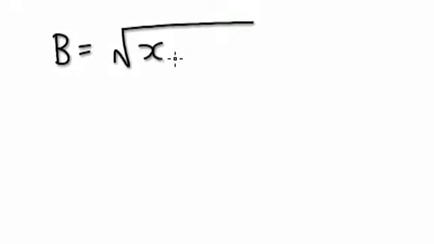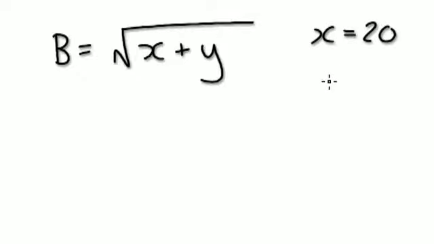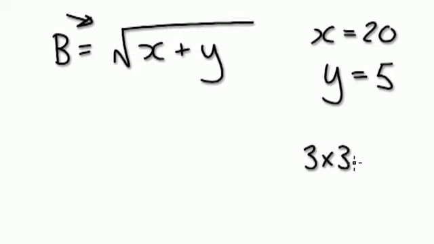Okay, so let's give you this one here. Let's say B equals the square root of x plus y, and x equals 20, y equals 5. Square root means, okay, let's look at this. 3 times 3 equals 9.